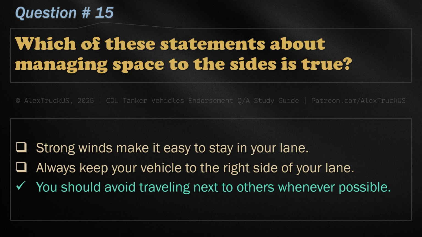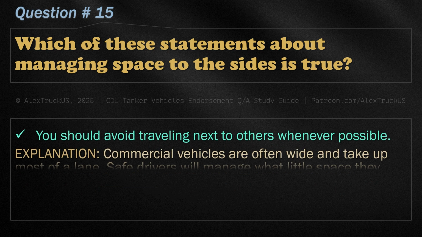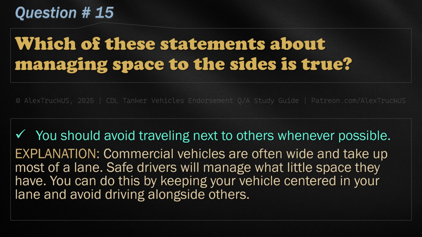Correct answer is: you should avoid traveling next to others whenever possible. Commercial vehicles are often wide and take up most of a lane. Safe drivers will manage what little space they have. You can do this by keeping your vehicle centered in your lane and avoid driving alongside others.